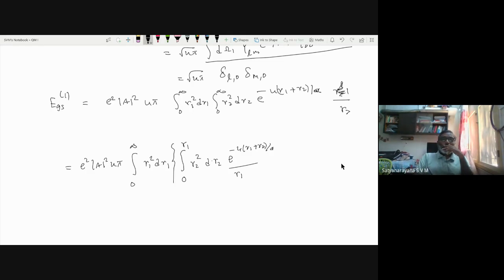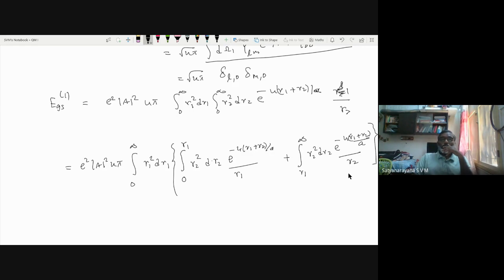Okay, so the second integral I am splitting. The next one is from R1 to infinity. If lower limit is R1, R2 is greater, correct? So that means R2 square dR2 e to the minus 4(R1 plus R2)/A divided by R2.